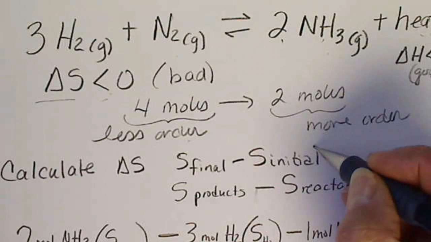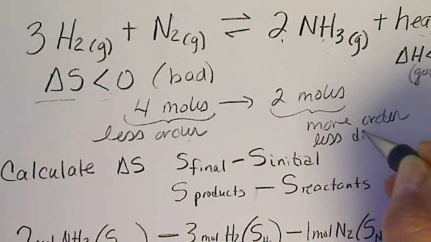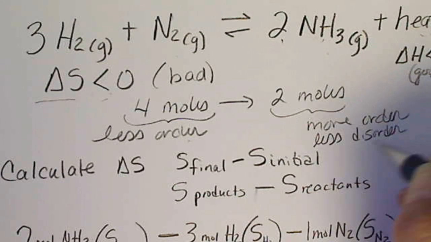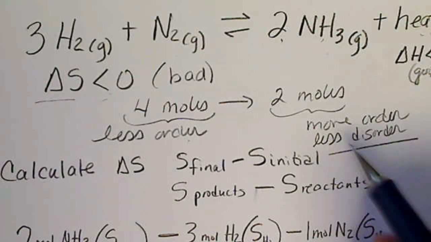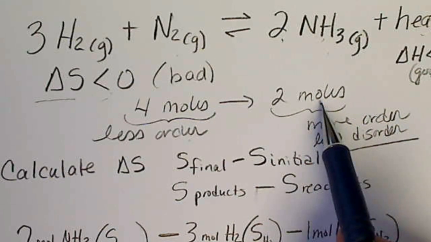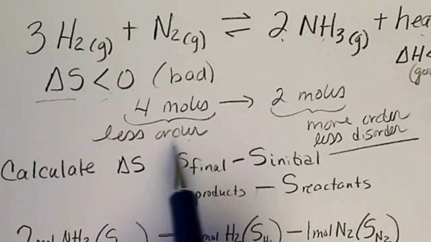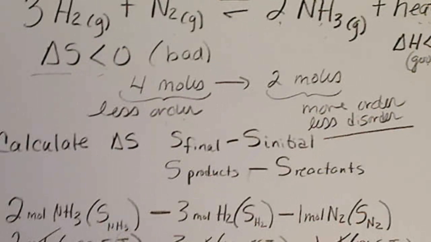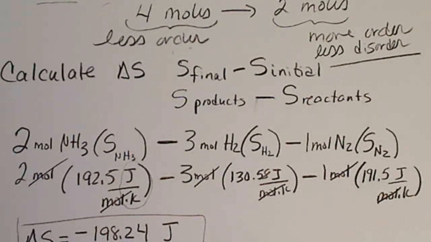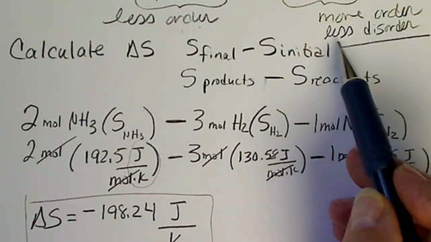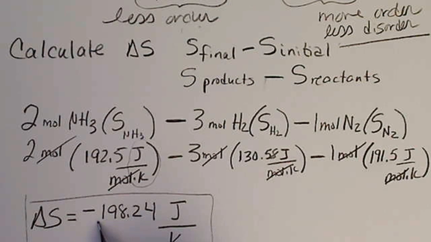Yeah, so this is less disorder. So entropy is really in terms of disorder. I confused myself there. But we have less disorder with 2 moles than we would for 4 moles. So we already looked at the reaction and said less disorder means our change in entropy is going to be negative.